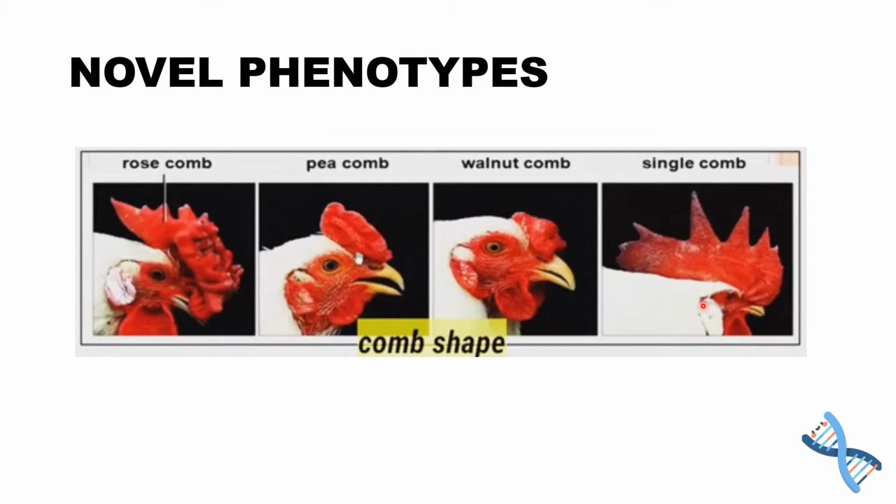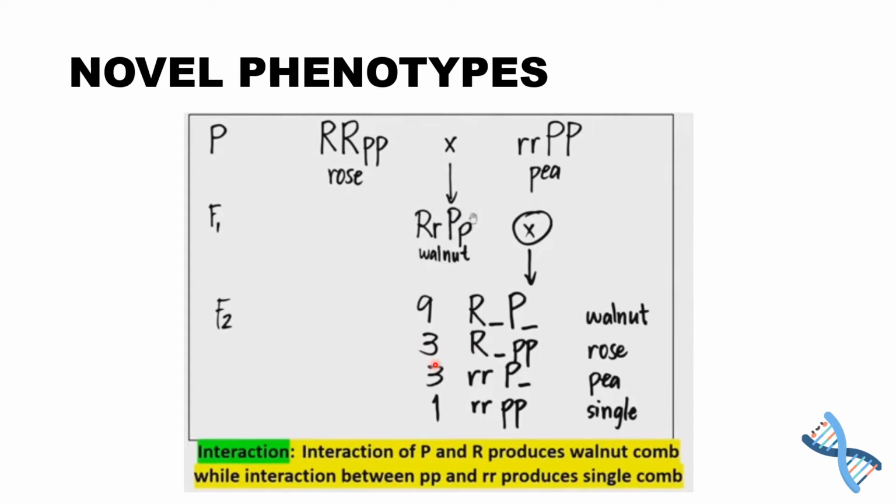So, an example of this is yung comb shape ng manok natin. So, you have yung rose comb, pea comb, walnut comb, single comb na tinatawag. So, doon sa comb type ng chicken, so like for example, you have here rose.